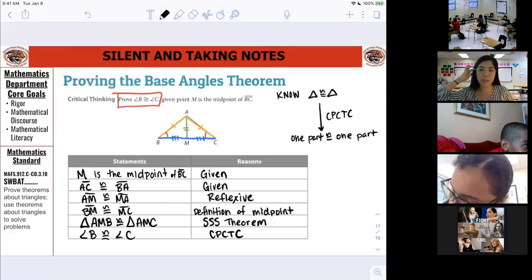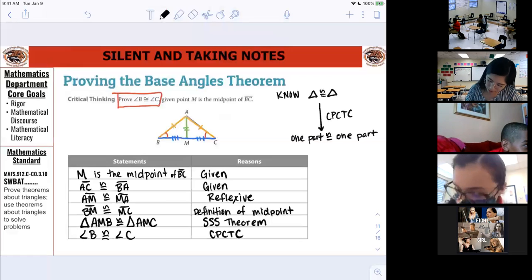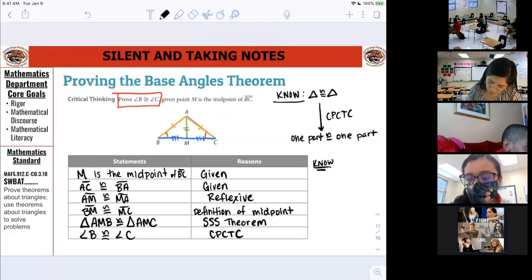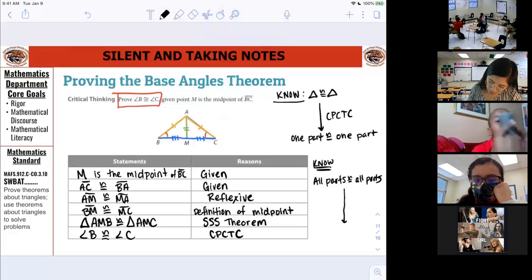Now, do you want to also understand the converse of CPCTC? Yes. So the converse is if you know that all parts of one are congruent to all the parts of the other, you can use the converse of CPCTC.